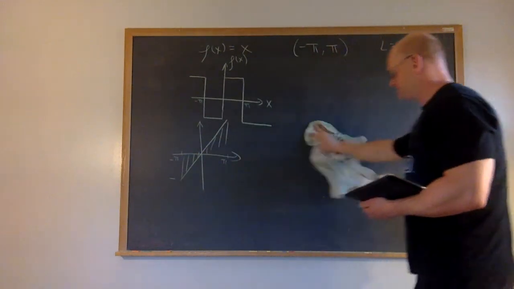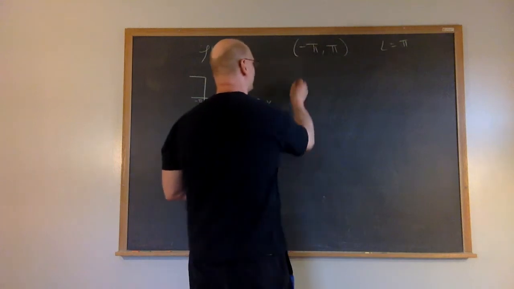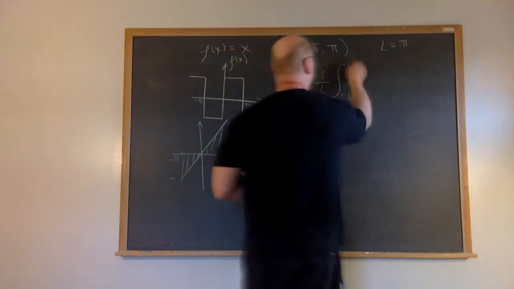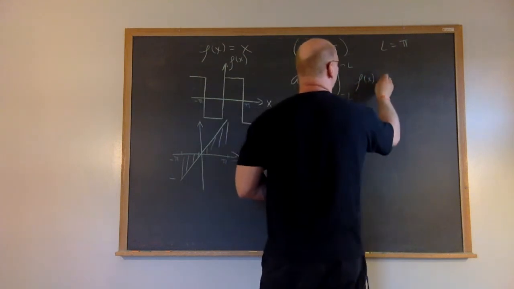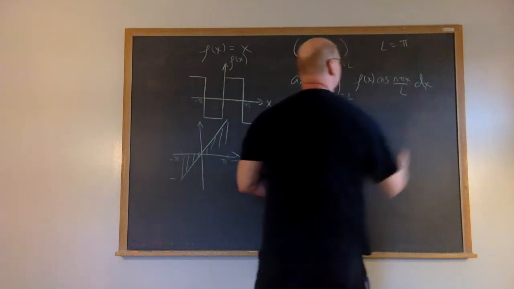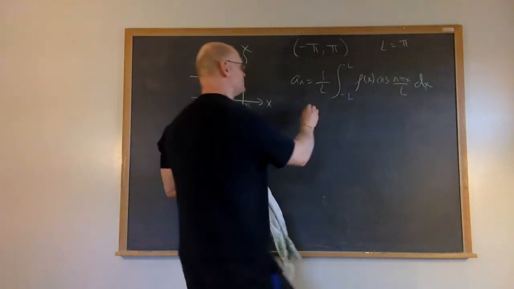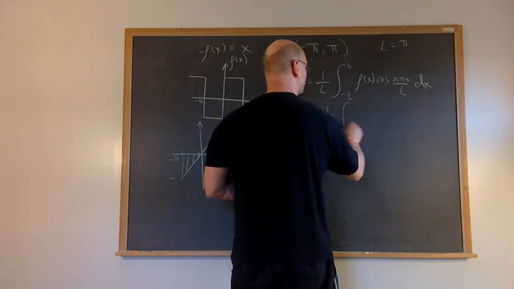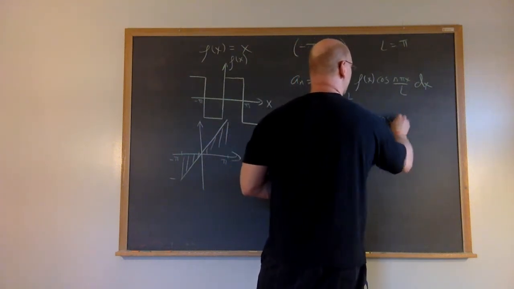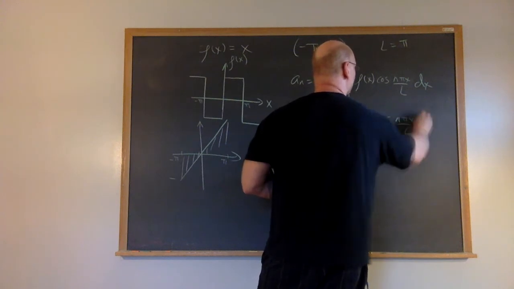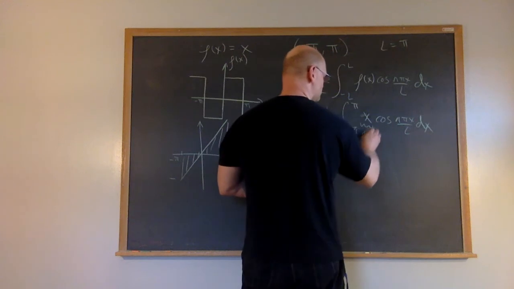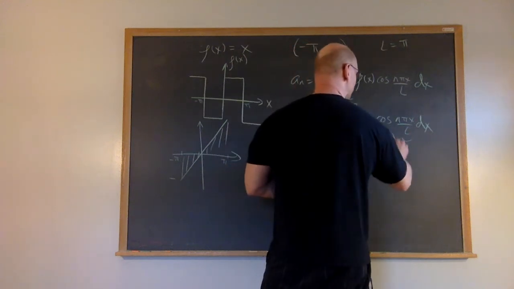And let's talk about that. So let's look at the ANs. The AN is equal to 1 over L, integral from minus L to L, f of x times cosine of n pi x over L dx. So let's plug this in. This is then 1 over pi, integral from minus pi to pi, of x times cosine of n pi x over L dx. Well, in this case, again, I know x is an odd function and cosine is an even function.